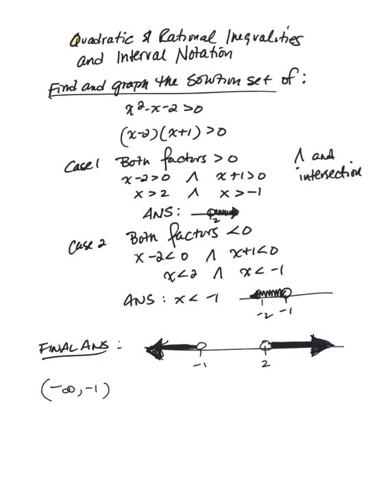Or from 2 to infinity. Okay, remember, to infinity and beyond. You can never reach infinity. That's why it's not included. Okay, this is called interval notation.